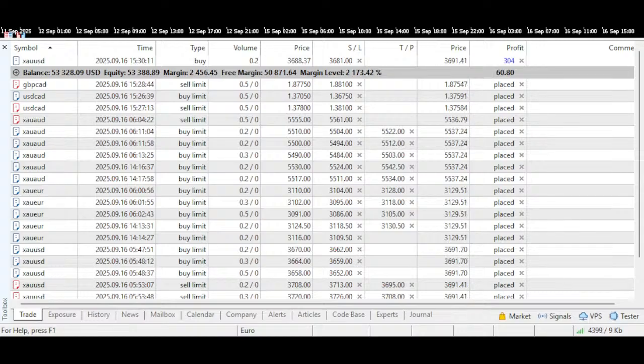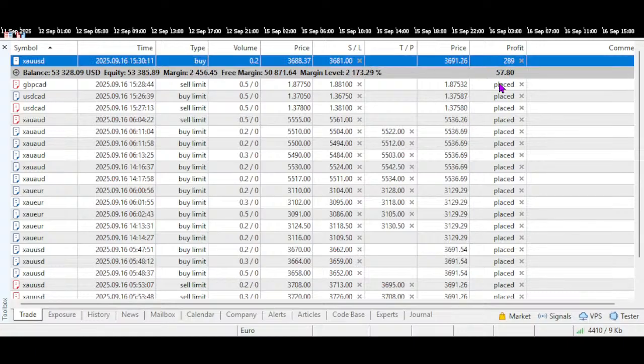Then let's go on for the additional trades. Okay, I think I know. Wait, oh yeah, okay, now I think I got it. Now it shows in dollar value, not the points, so at least it doesn't confuse us.